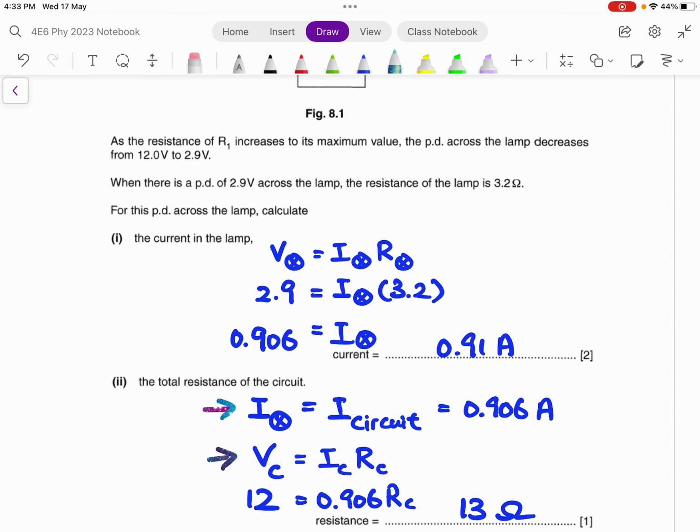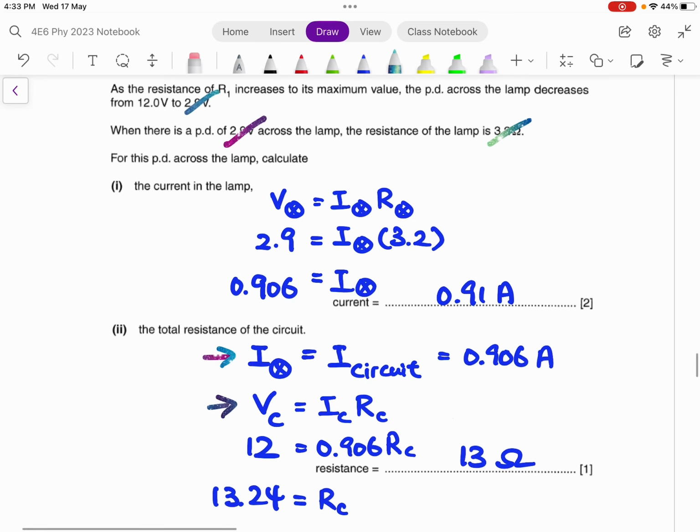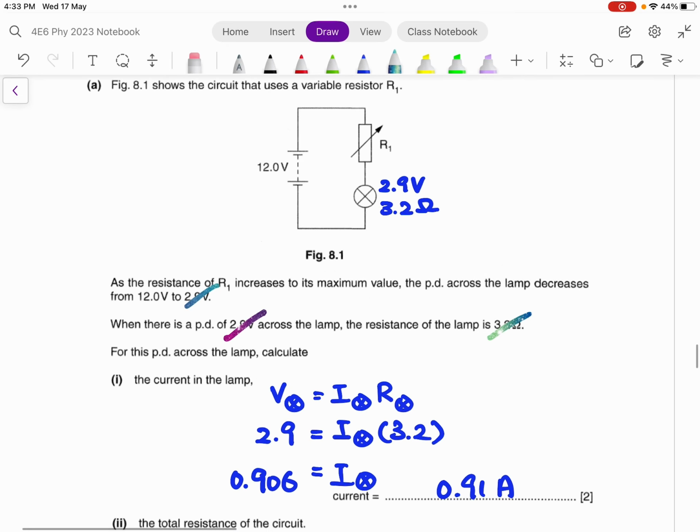In part 1, I use 2.9 and 3.2. I use this, I use this, I use this. Then what did I use? I use 12 volt. What else did I not use? I have not used this thing, right? What resistance, so that, PD.